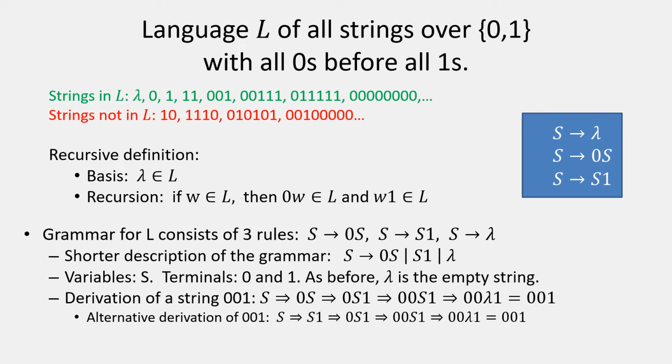And here my choice of application of the rules was fairly arbitrary. We'll talk more about it. But I could have just as well started with saying, let's first apply the rule that takes S to S followed by 1, and then start applying the rule that puts zeros in front. It would be a different derivation of the same string 0, 0, 1.